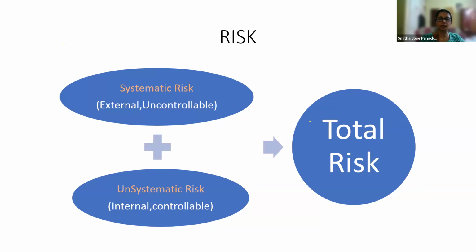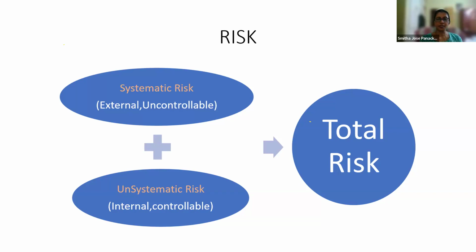That is also external. We cannot do anything with that. Everyone has to suffer, right? Those kinds of risks are known as systematic risk. Why do we call such risk systematic risk? Because it affects the entire system. That is why it is known as uncontrollable and external.